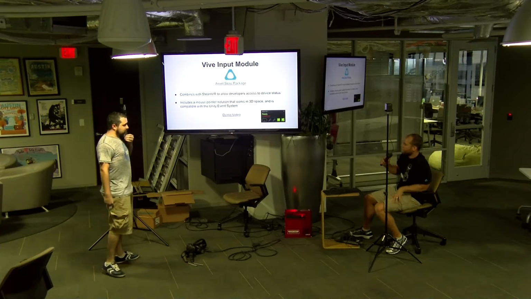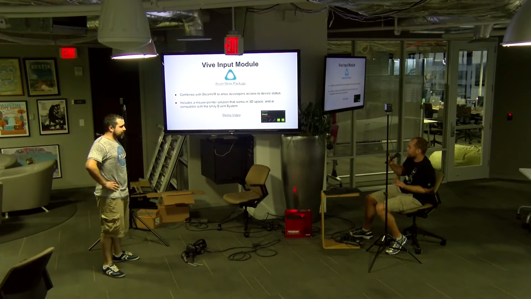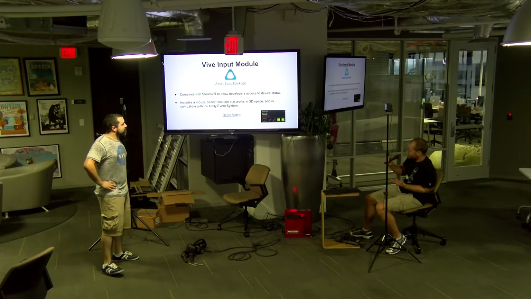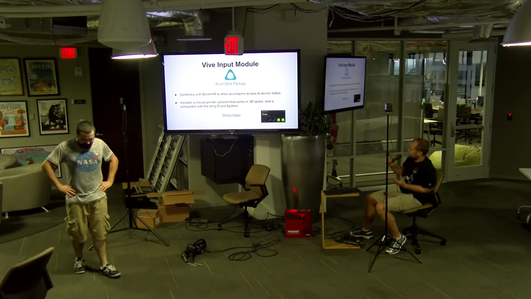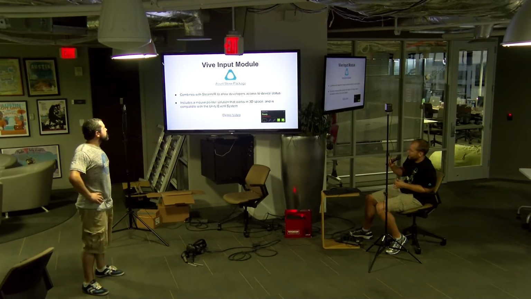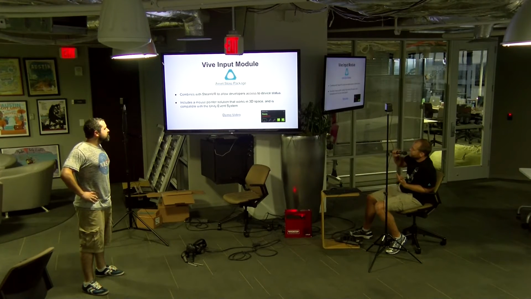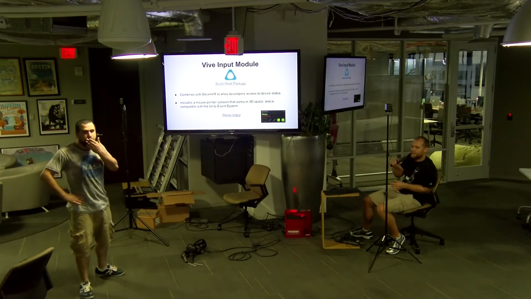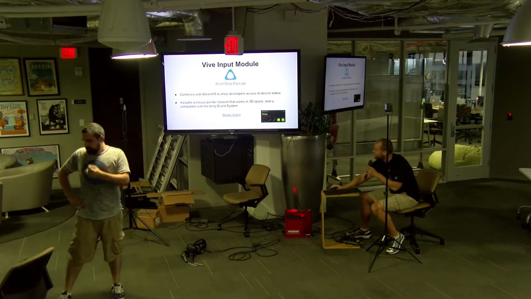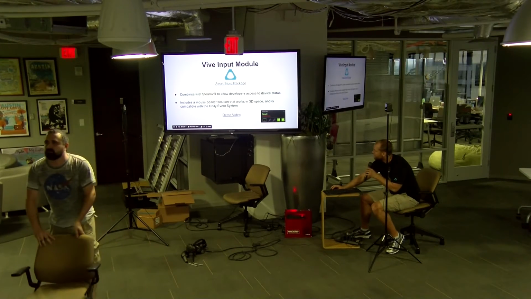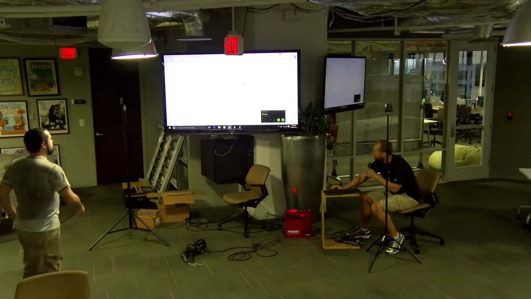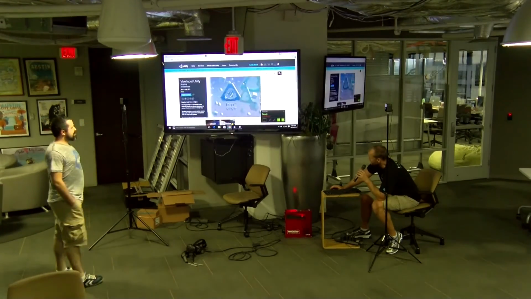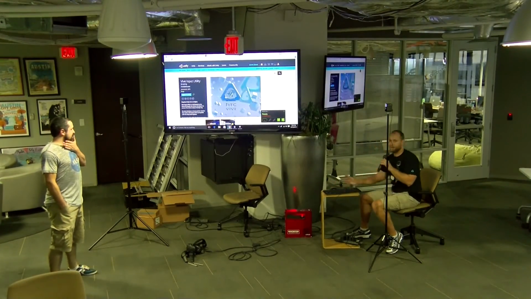The other thing that we're going to talk about, that I'm going to show off and then let Chris run away with, is the Vive Input Utility. It's a plugin, on the Unity Asset Store. It's a useful set of interactions.